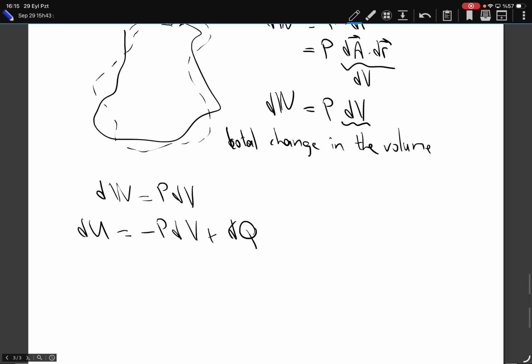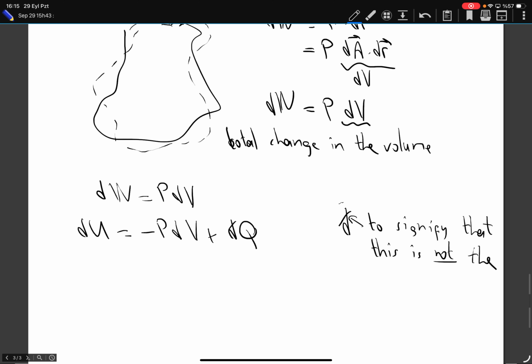Now this sign dQ, this bar, is to signify that this is not the differential of Q. It's not the differential of Q for the simple reason that there is no function Q.